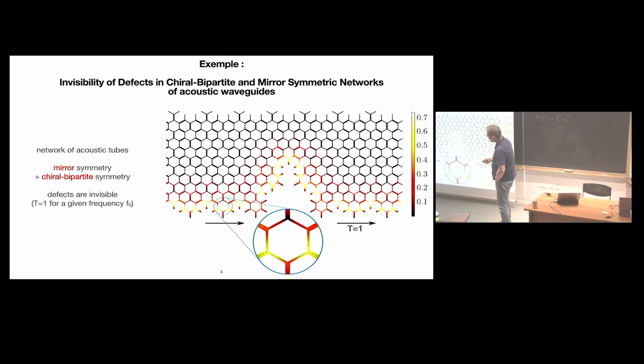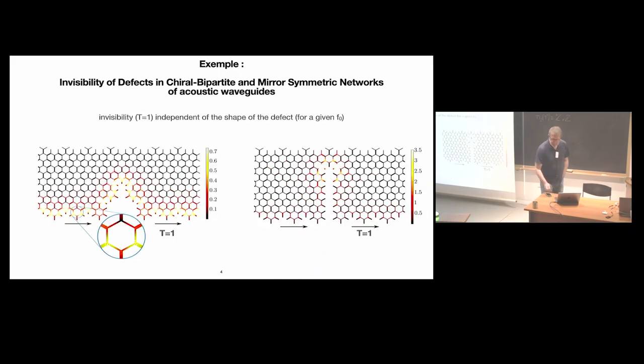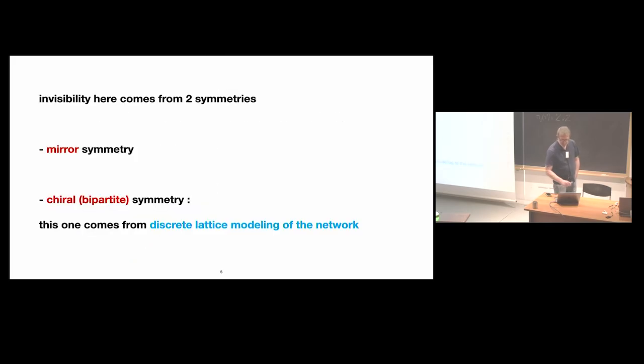So it's not broadband, to be fair as well, it is for one particular frequency, but whatever the defect is going through. So that's one example, where we cut different types of mirror symmetric defects, and we always see this T equal 1. So one example of what we are doing with this network of tubes.